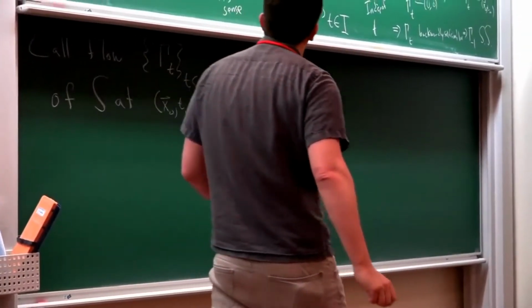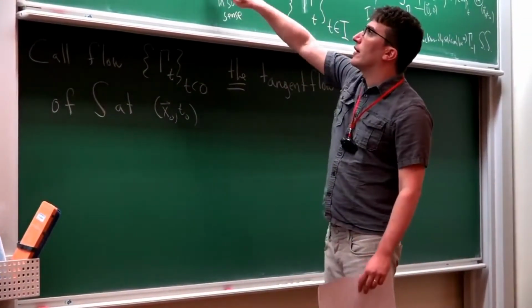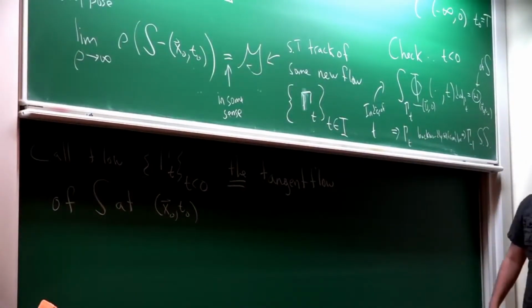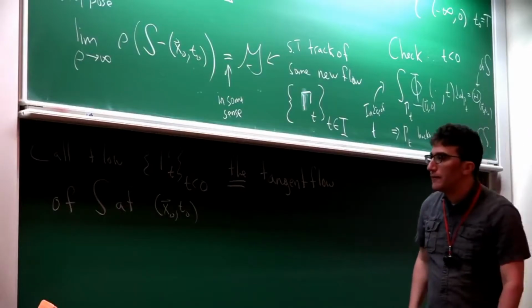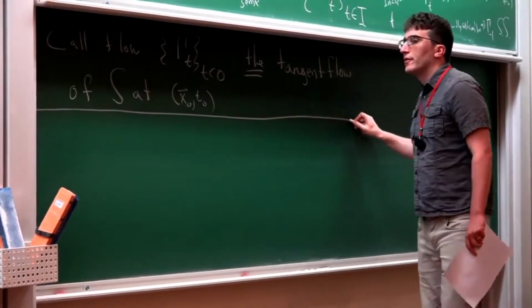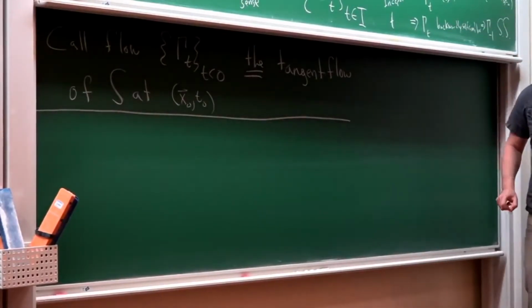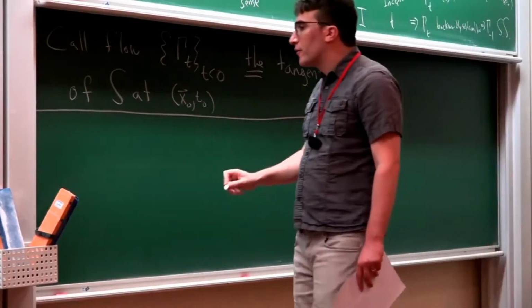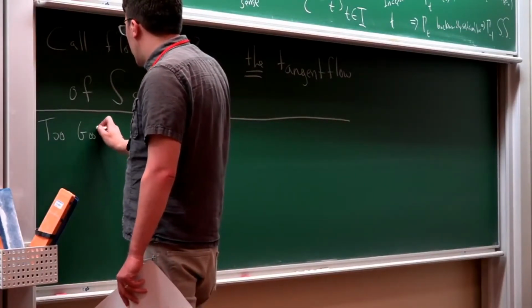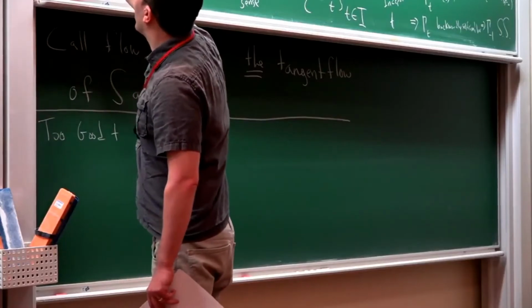Now the problem is that this is a very strong hypothesis, and there's no reason a priori that this should be true. However, as is often the case in geometric analysis, this is too strong, too good to be true.